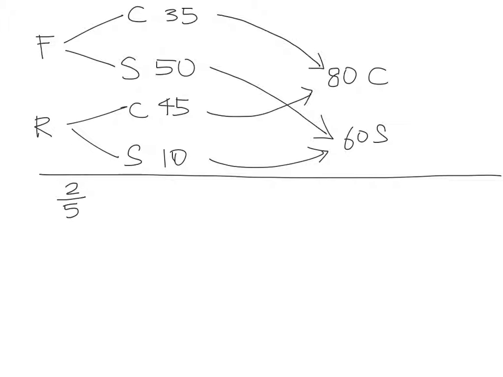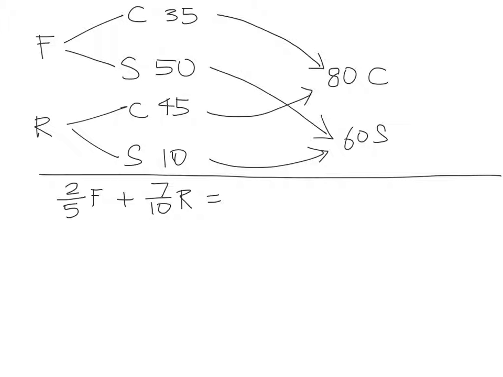You can also leave it in percentage if you like to work with percentages, but I prefer to deal with fractions. So 40% or 2/5 of Frederick are chocolate bars, and for Ryan, he has 30% sweets, which means the other 70% should be chocolate bars. So we will write down the chocolate bars, 70% or 7/10 of Ryan.